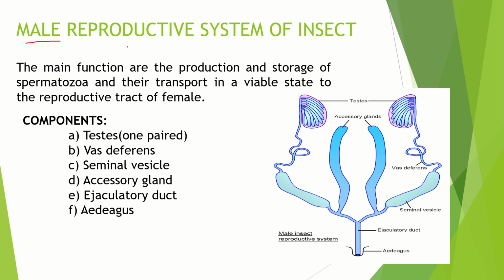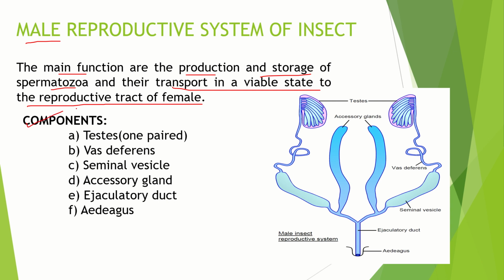They are collectively called genitalia, and there is the presence of the aedeagus in the male reproductive system. The main functions are the production and storage of the spermatozoa and their transport in a viable state to the reproductive tract of the female.